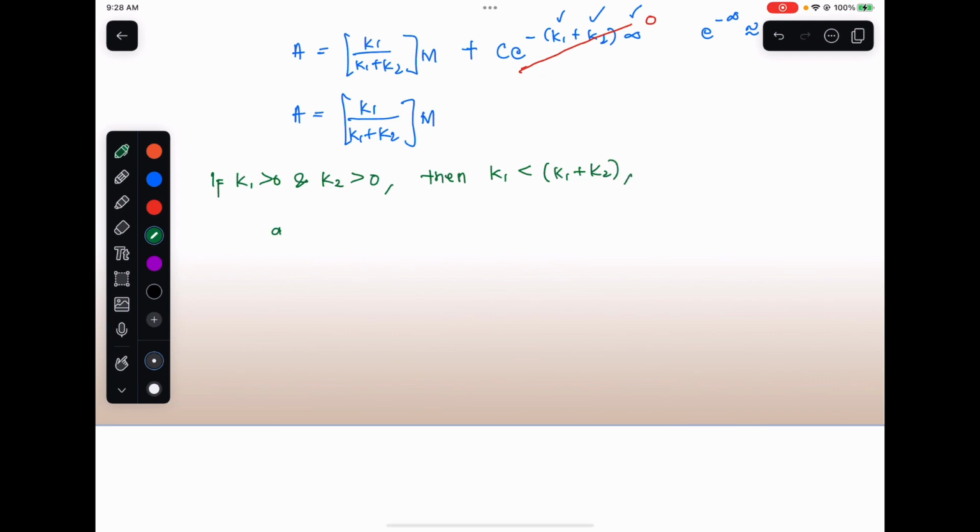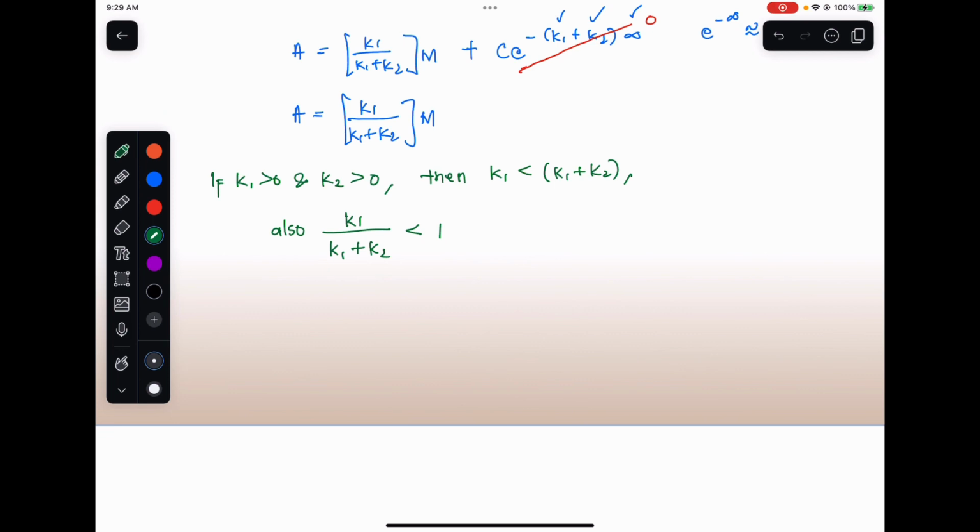So also, if K1 is less than the sum of K1 plus K2, therefore K1 over K1 plus K2 should always be less than 1. If K1 is smaller compared to K1 plus K2, we will always have a proper fraction, which cannot have a value greater than 1. So it's always less than 1. So multiply it with M, wherein M corresponds to the amount of the material to be memorized.